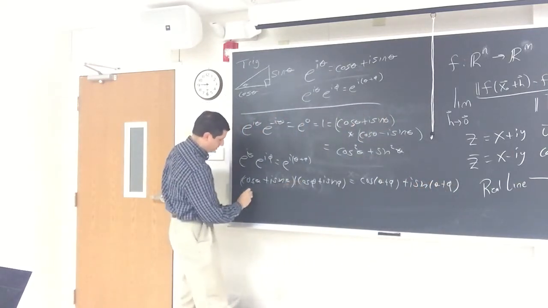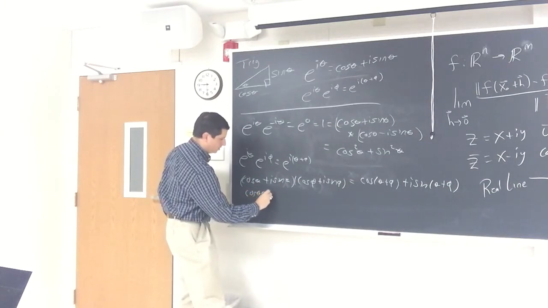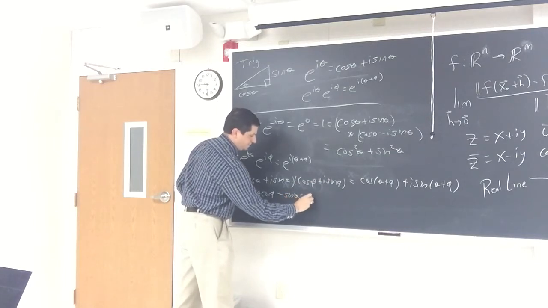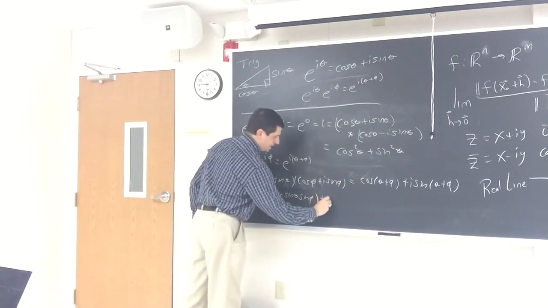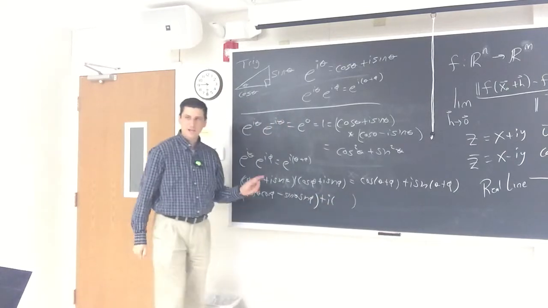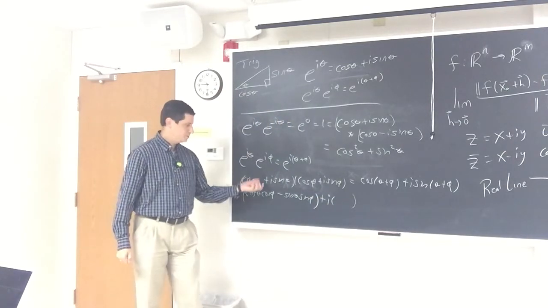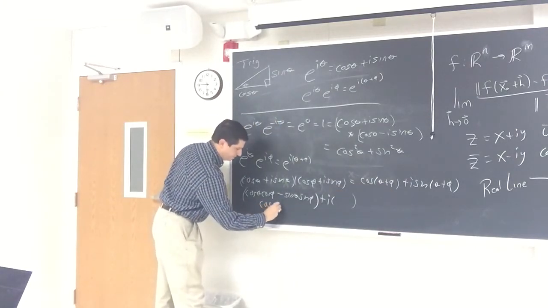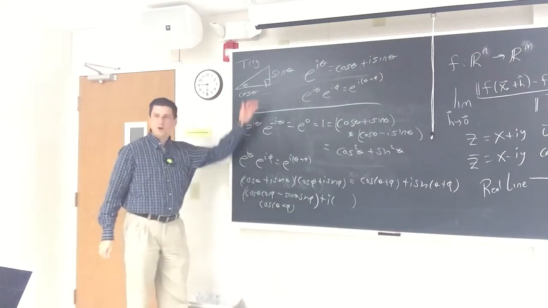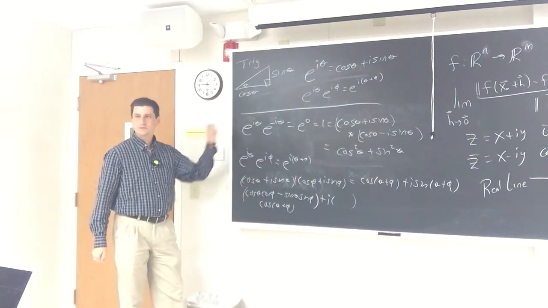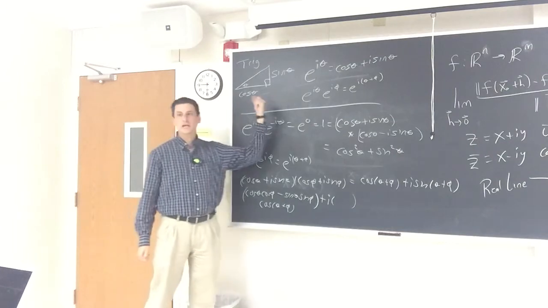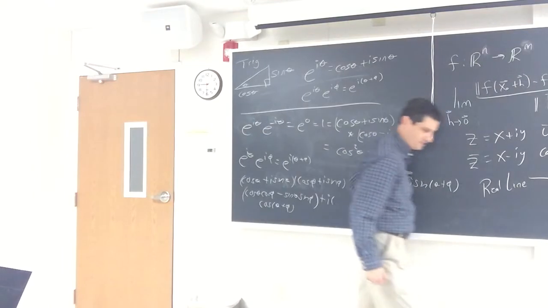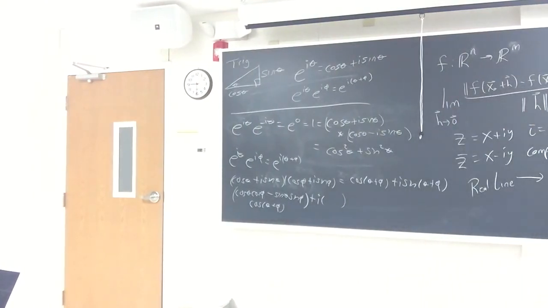To expand things out, I'll get cosine theta cosine phi minus sine theta sine phi, and plus i times something else. The only way 2 complex numbers can be equal is if the 2 real parts are the same. So cosine theta plus phi must be this part. So you can basically prove all of trigonometry from this exponential formula. If you forget your double angle, triple angle identities, your half angle formulas, here's a way to rederive all of them. All right. So hopefully that was close to a minute.